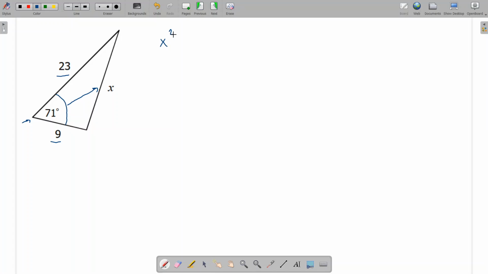So x squared is equal to my two other sides squared and added together, minus 2 times my sides that I know times cosine of the angle across from the side I'm looking for.